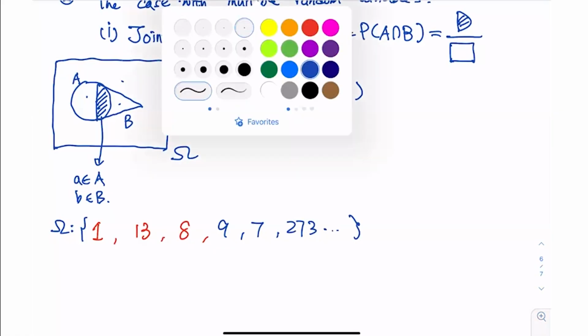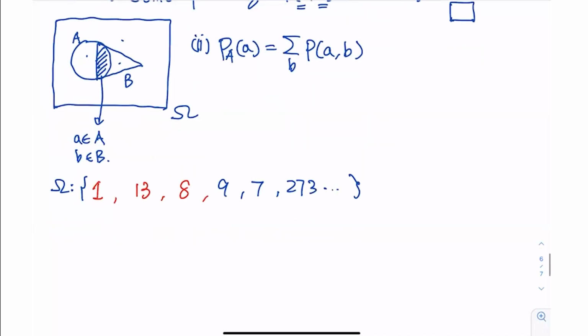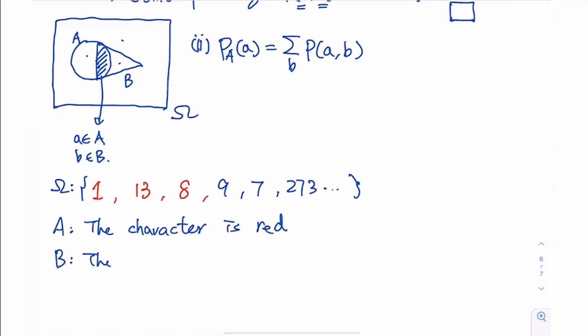And A is like the character is red, and B is like the number is even.